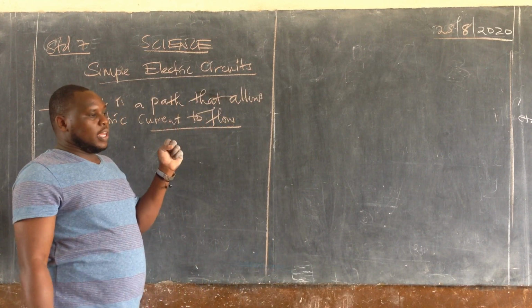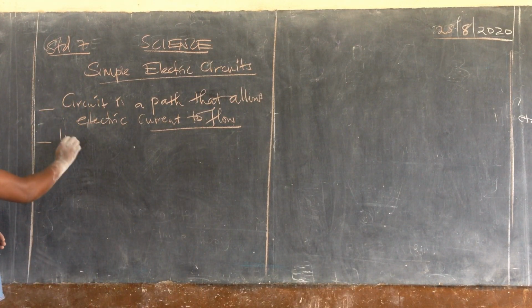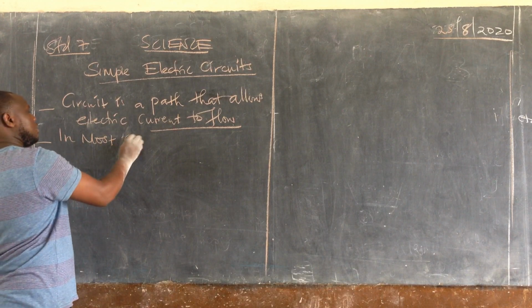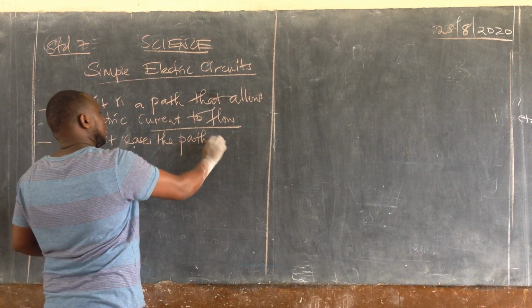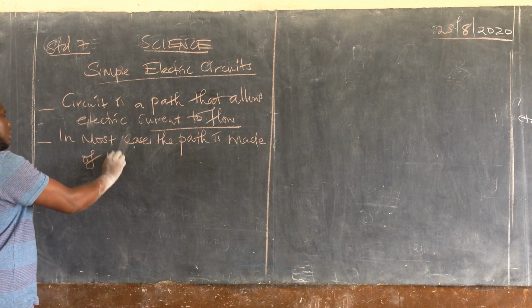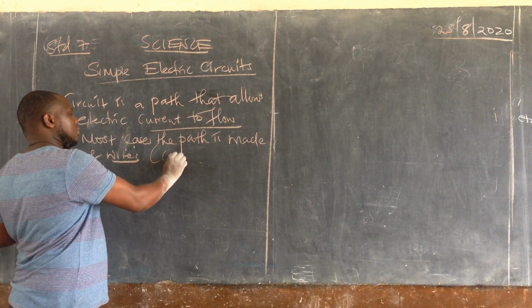In most cases, the path is made of wires. Sometimes these wires are also called connectors.